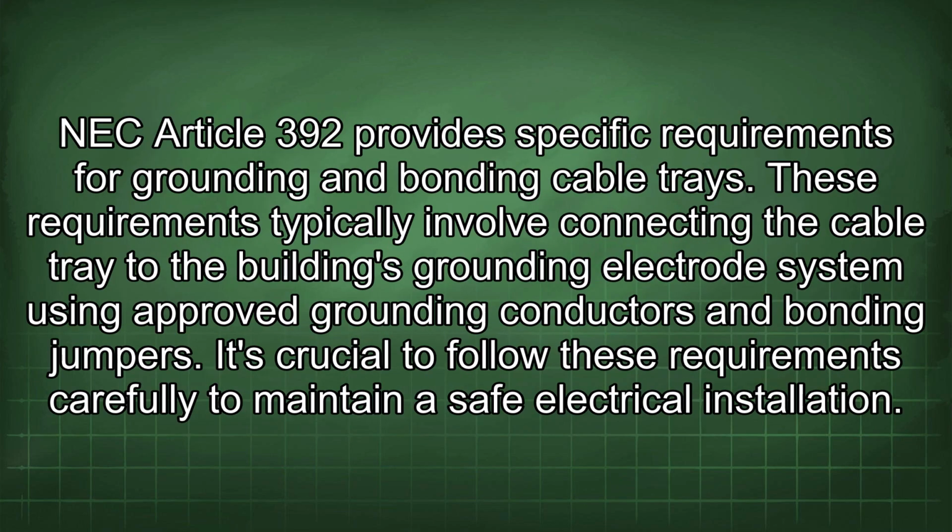NEC Article 392 provides specific requirements for grounding and bonding cable trays. These requirements typically involve connecting the cable tray to the building's grounding electrode system using approved grounding conductors and bonding jumpers. It's crucial to follow these requirements carefully to maintain a safe electrical installation.